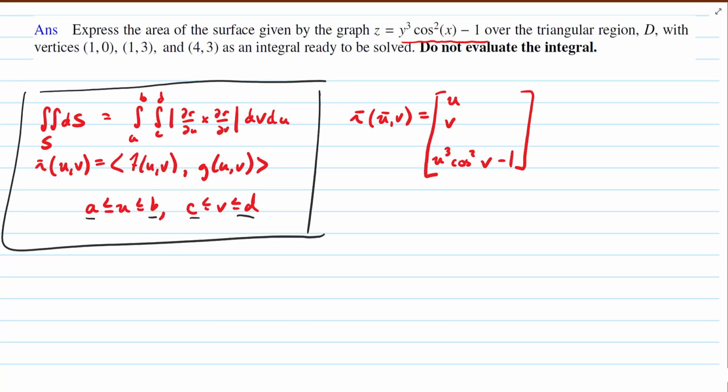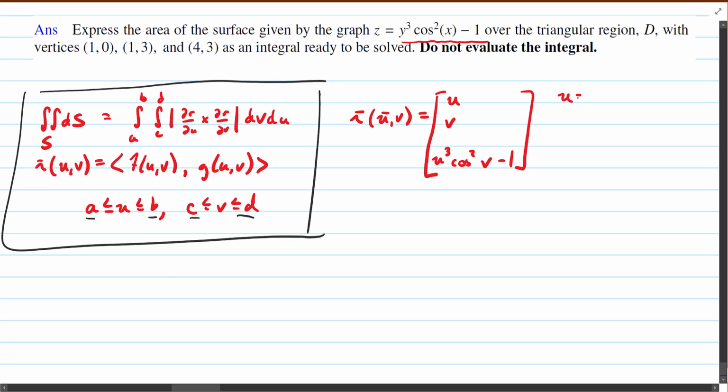If you want me to state out the substitutions explicitly, we have that u is equal to x, and v is equal to y, and then z would just be the original expression in terms of x and y.